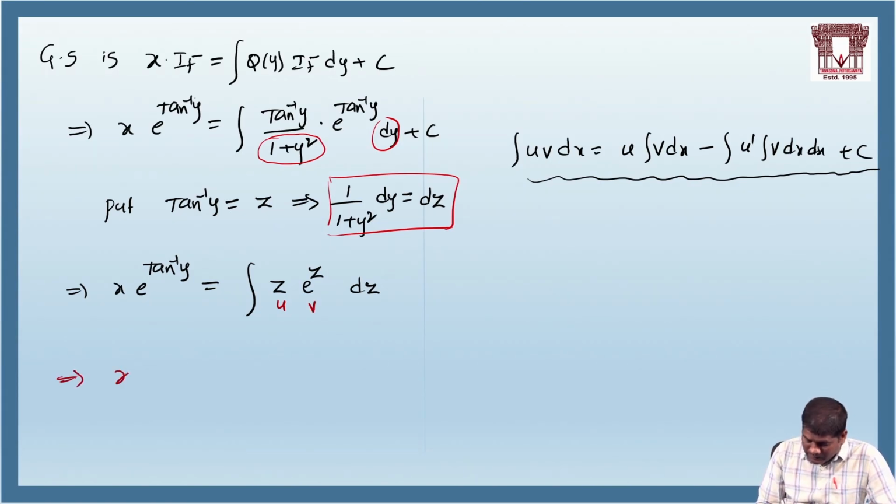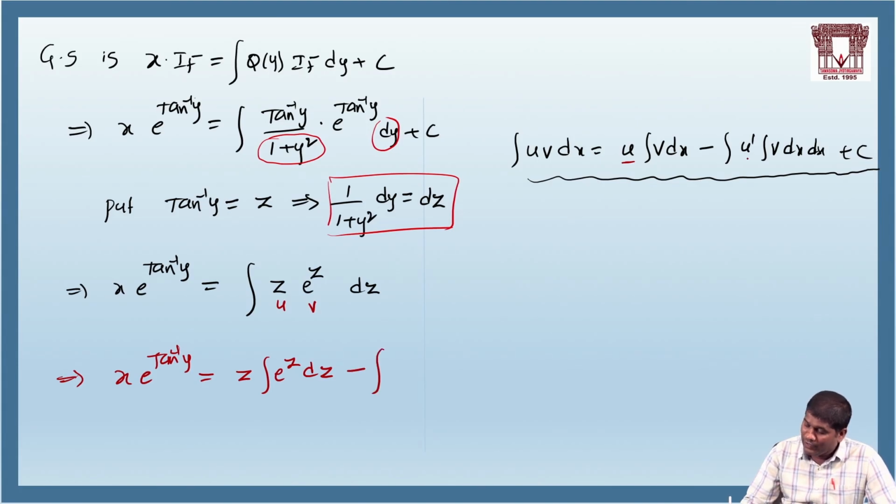So first we write u as it is, z, times the integral of v, that is e^z, minus the integral of u', the derivative of z, which is 1, times the integral of e^z, that is e^z dz, plus some constant c.